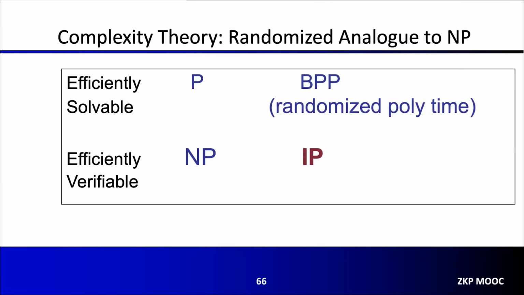When we talk about what's efficiently solvable, what's an efficient algorithm, we usually talk about P, polynomial time, things that run in polynomial time, or things that run in polynomial time plus coins. When we talk about what's efficiently verifiable, we used to talk about NP. But in this lecture, I suggested a new form of proof, an interactive proof, where essentially you take NP and you add interaction and randomness on the part of the verifier.